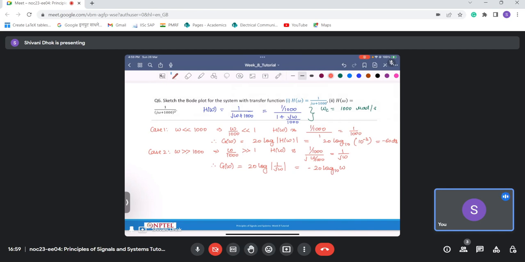Now just look at the third case, for which omega is equal to 1000. So let us first try to plot this.